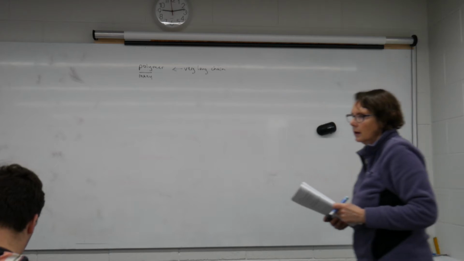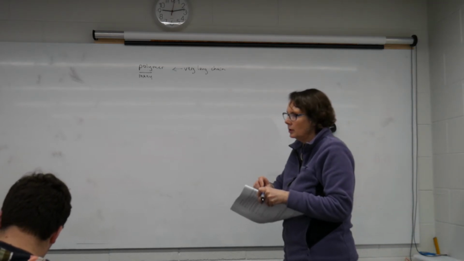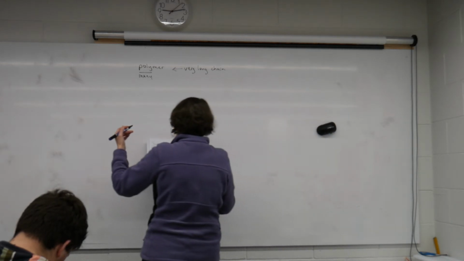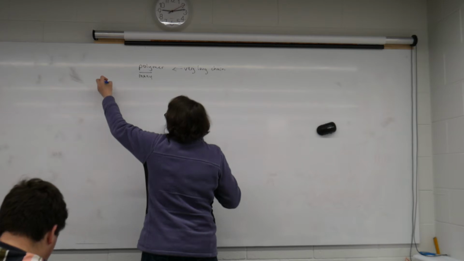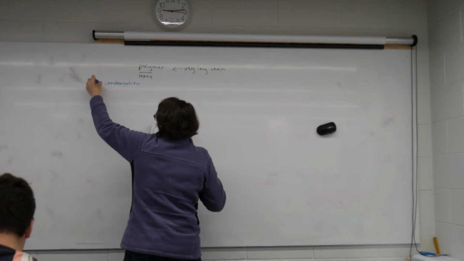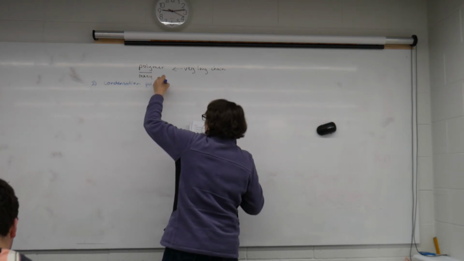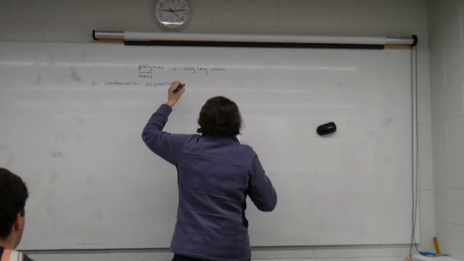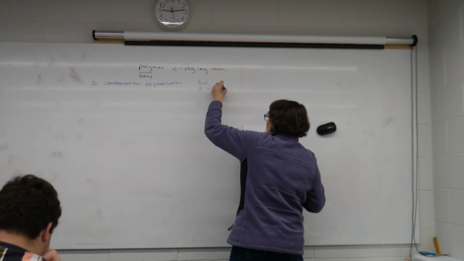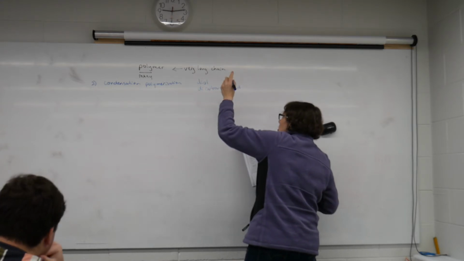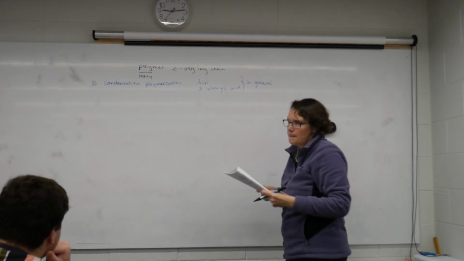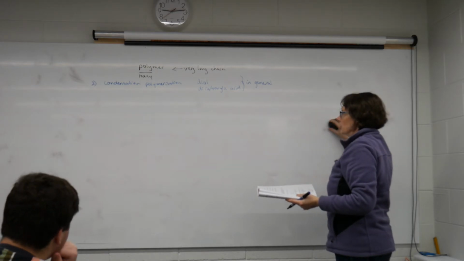For addition polymerization, we needed to have an alkene, and for condensation polymerization, we need to have a diol and a dicarboxylic acid in general. That's the most common structure of a question for you.